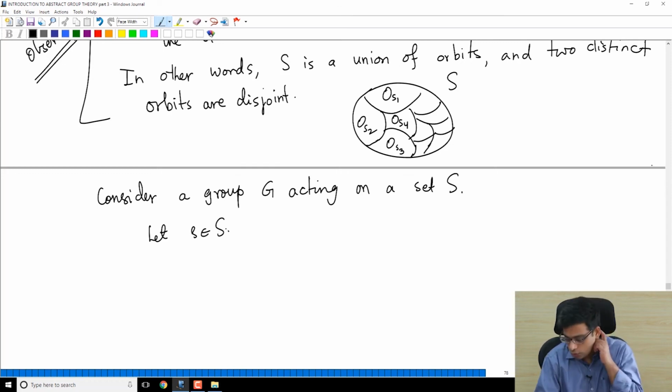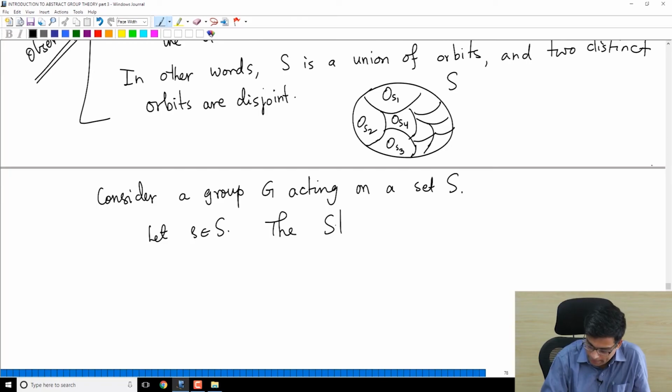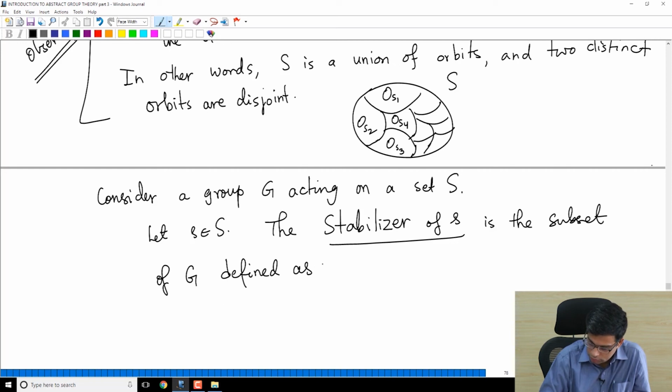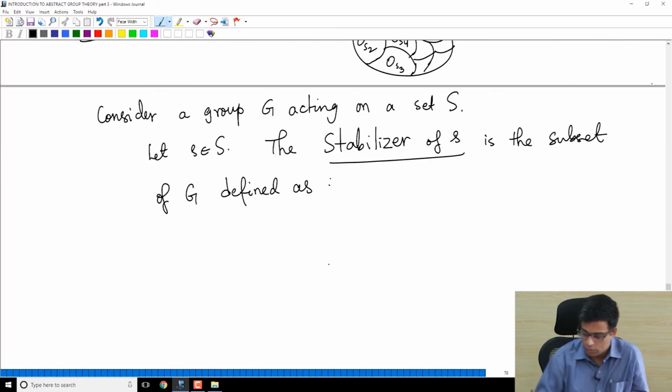I have defined for you the orbit of s, right? O_s. Now I will define something else. The stabilizer of s is the subset of G defined as, okay, the stabilizer is denoted by G sub s.